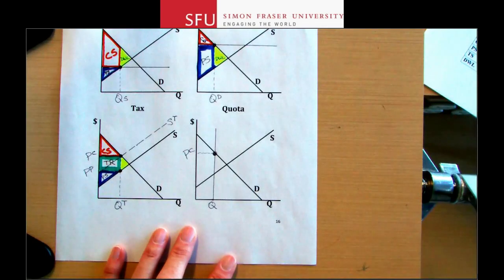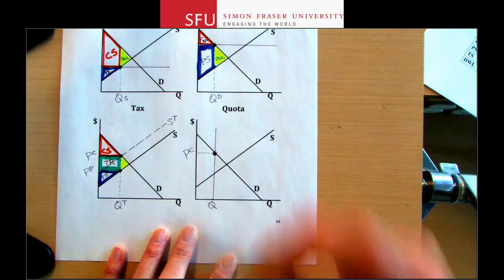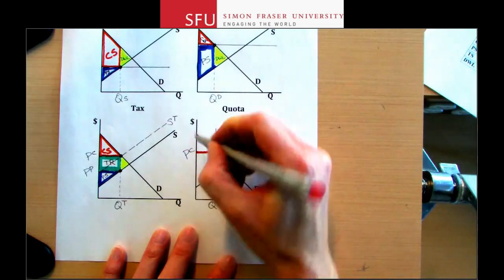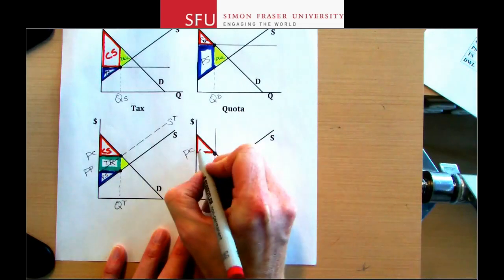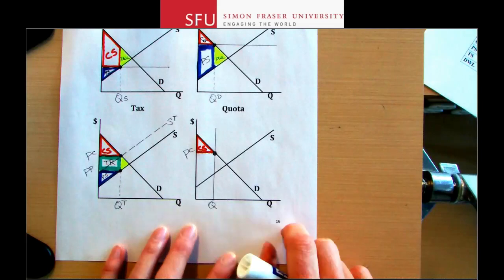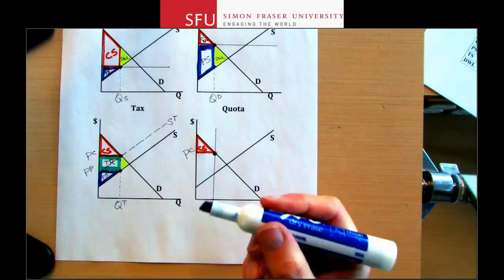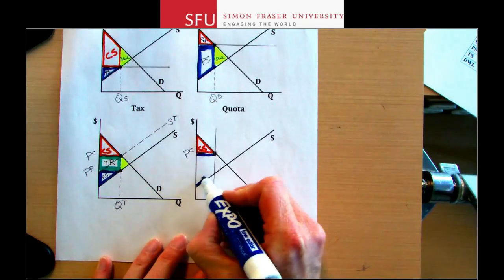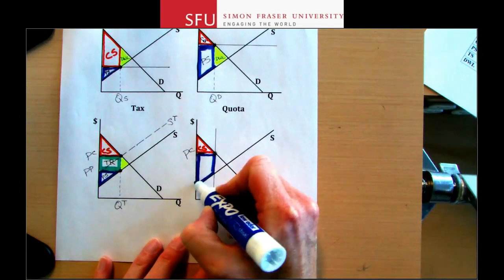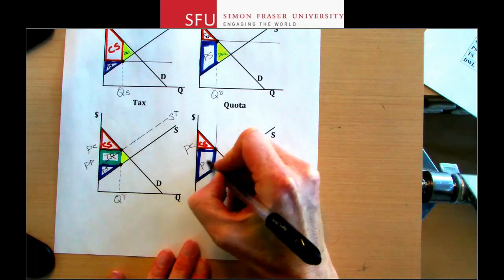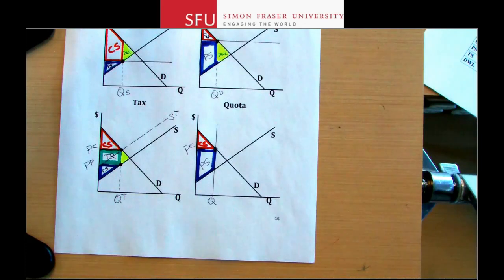So, consumer surplus: here's their willingness to pay, here's the price they're paying, so that's their consumer surplus. The sellers with the quota get to keep that high price. Here's their marginal cost of production, so that whole area will be their producer surplus. And then deadweight loss.